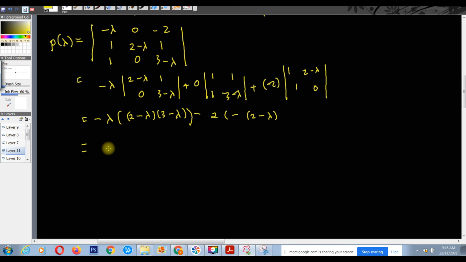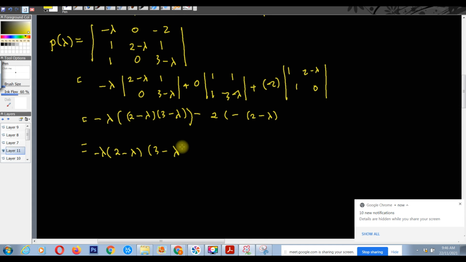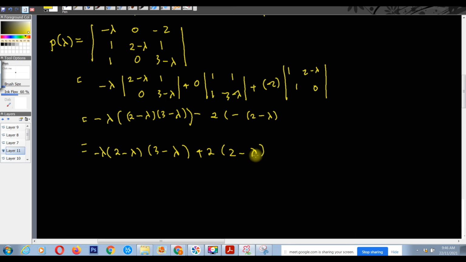So we have negative lambda, 2 minus lambda, 3 minus lambda, and then we have positive 2 minus lambda.